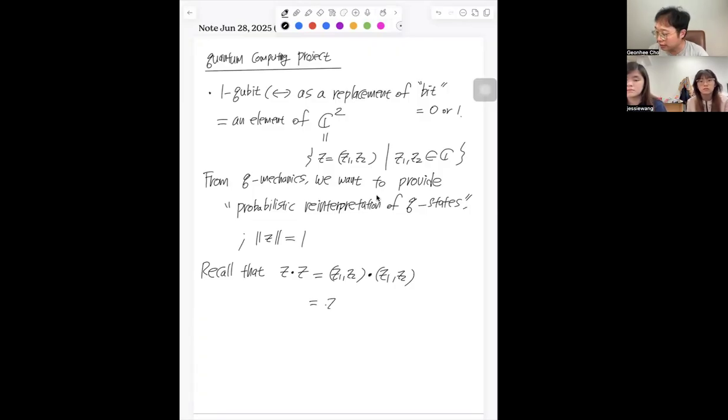What do we need to put? Complex conjugate. Agree? Complex conjugate. So if you put the same two vectors, then it becomes non-negative real. So this becomes the norm of z1 squared plus the norm of z2 squared. Agree? Without complex conjugate, we cannot say so.